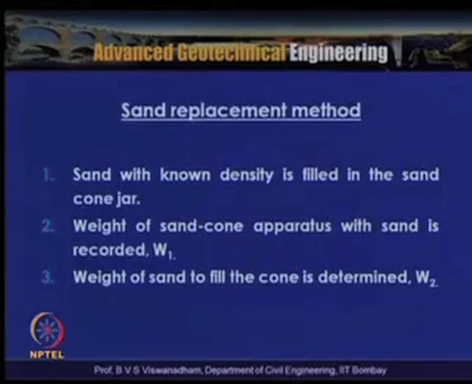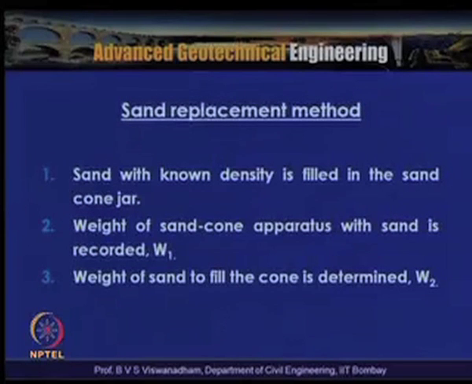The sand replacement method, or sand cone method, is one where sand with known density is filled in the sand cone jar, and the weight of the sand cone apparatus along with the sand is recorded. Here a certain type of standard sand needs to be used.